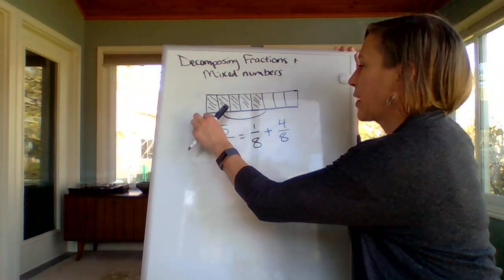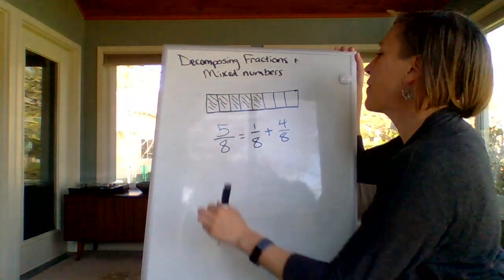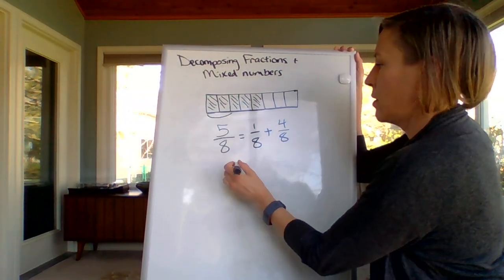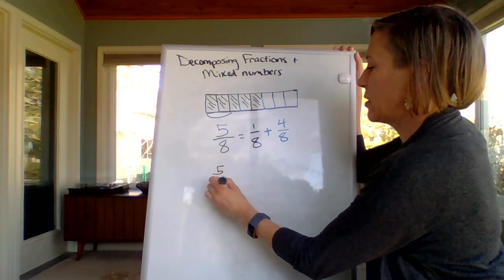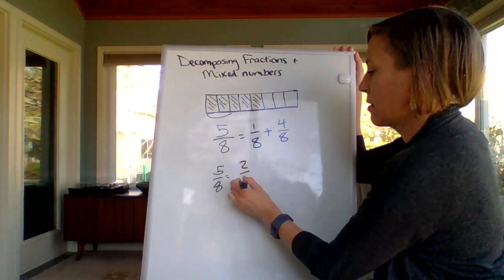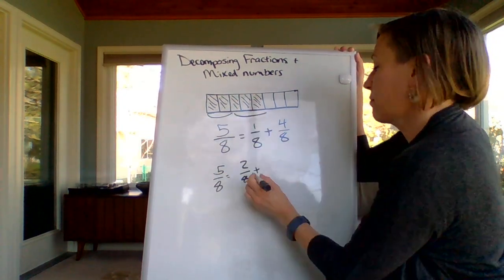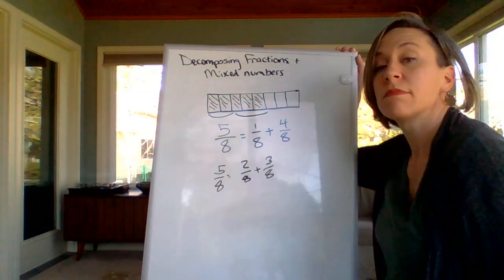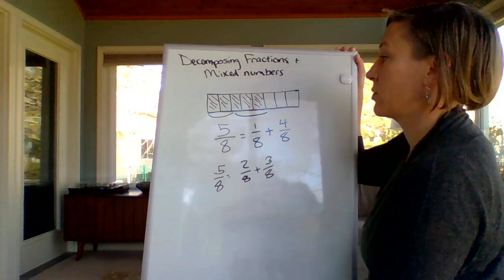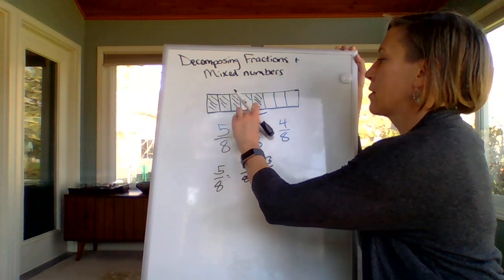Another way I could break this down, what if I wanted to take them by twos? Well, 5/8 could also be 2/8 plus 3/8. That would be another way I could write that fraction or decompose that fraction.